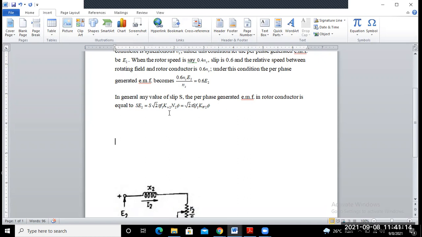Now the rotor leakage reactance, how can we represent that?